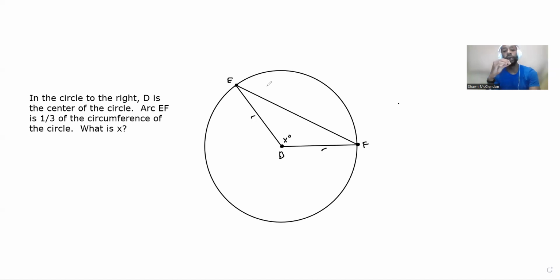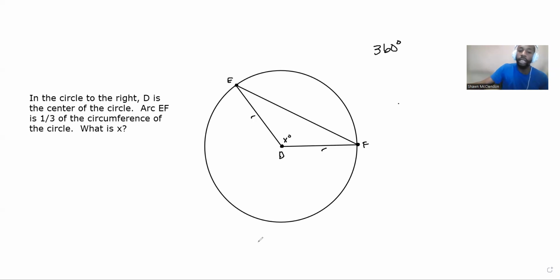So what else does it mean? If this is a radius and this is a radius, then this is the center of the circle. This angle right here represents a portion of the entire angle measure of a circle, which, if you recall, the total is 360 degrees.